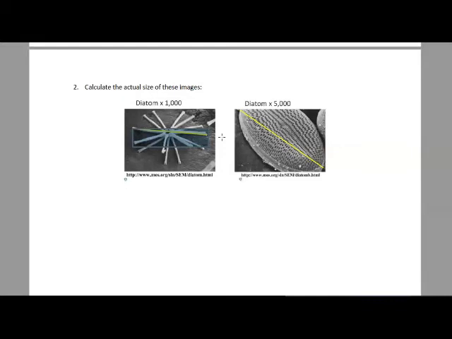Like we need to calculate the length of the line and we need to convert it into micrometers, right? Yes, since we're measuring cells, and their size is expressed in micrometers. That's the recommendation, guys.